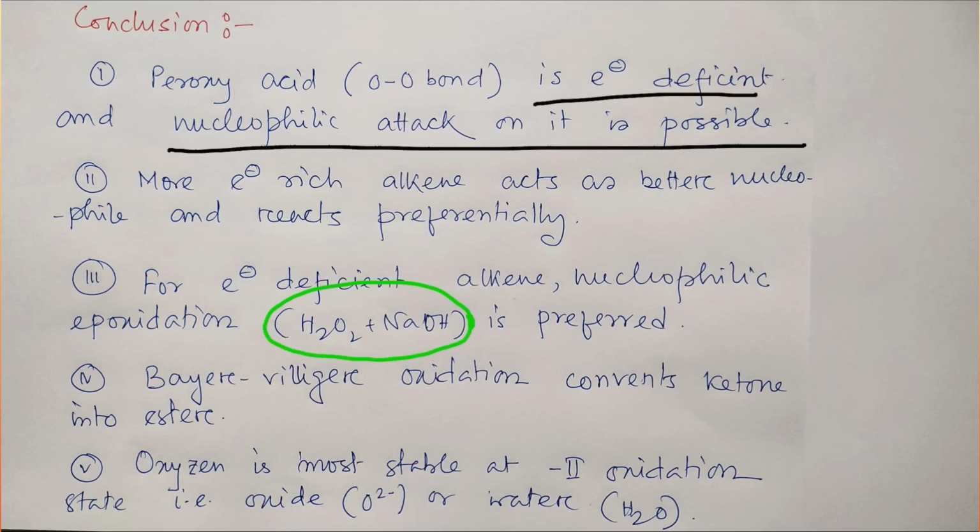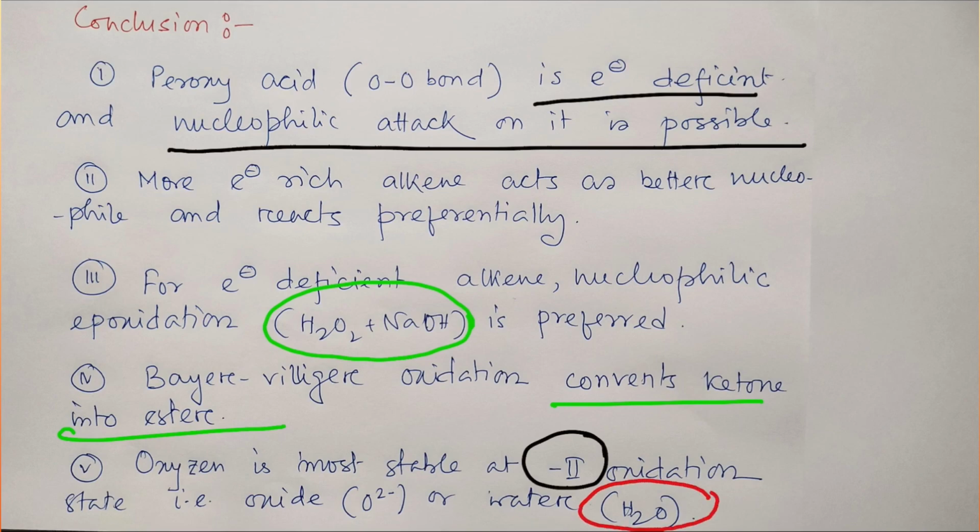Baeyer-Villiger oxidation is another possibility, which converts a ketone into the corresponding ester; if you use a cyclic ketone, you get a lactone. Another most important thing to remember: oxygen is most stable at its -2 oxidation state because it is electronegative, so it prefers to keep electrons on itself. That's why the stable molecule of oxygen is water. This is the end of this discussion.